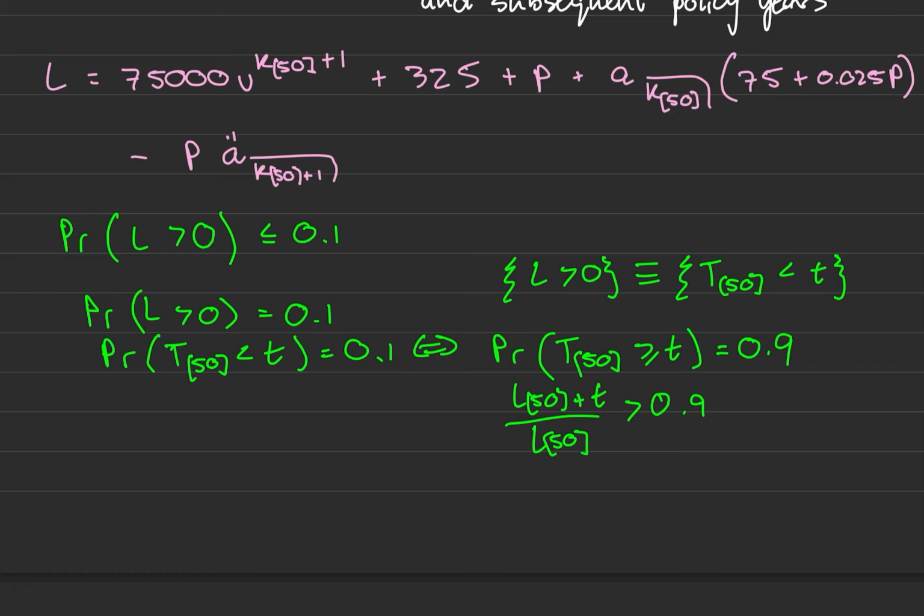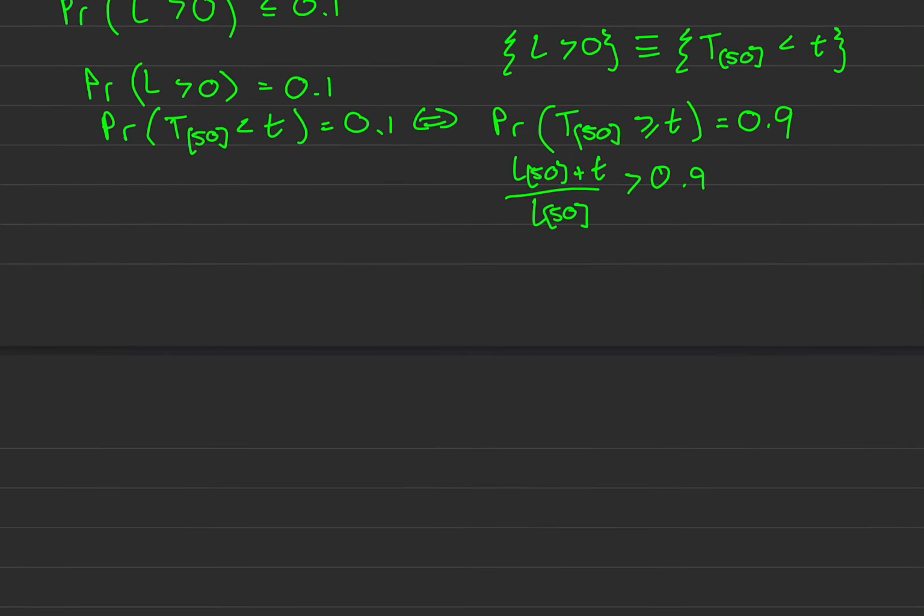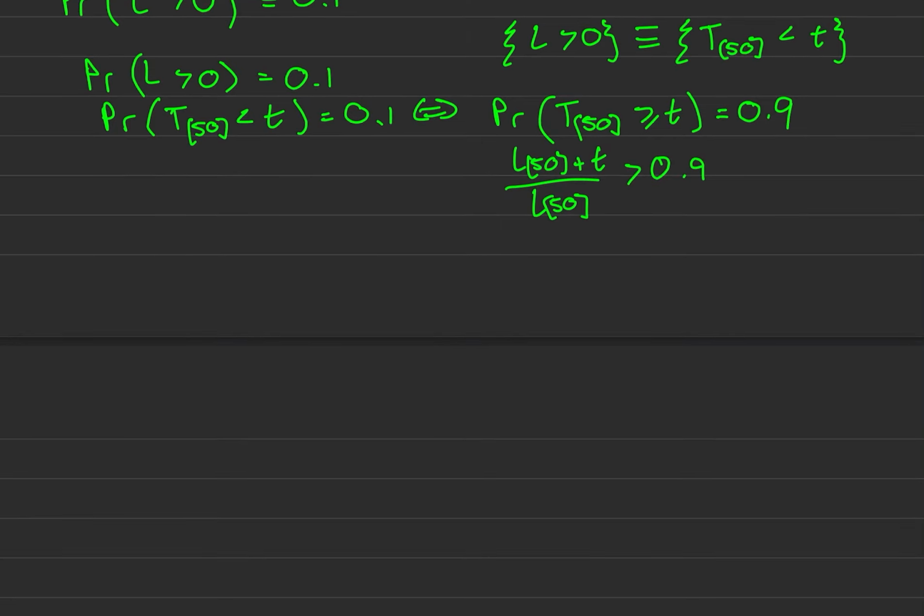Okay, now if I manipulate this, I get to L50. Remember, I'm trying to find this t here. L50 plus t being greater than or equal to, sorry, just greater than 0.9 times this L50.